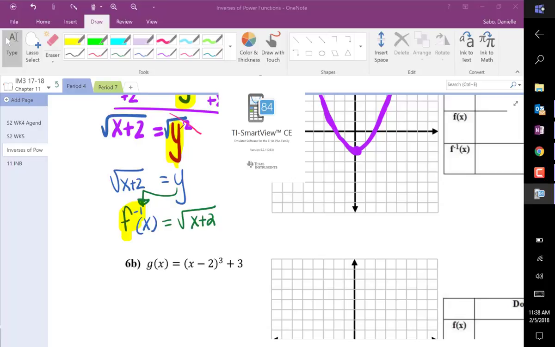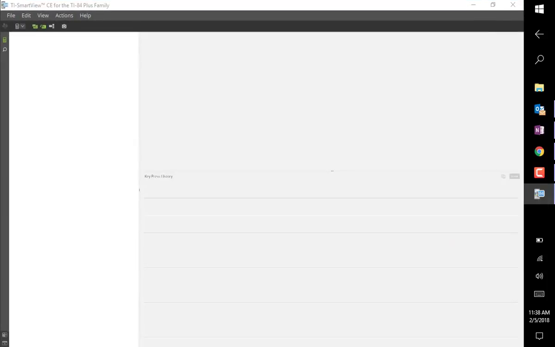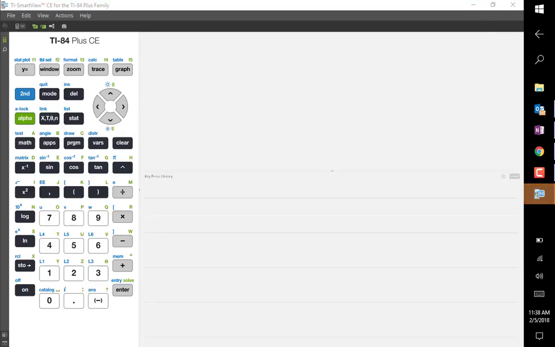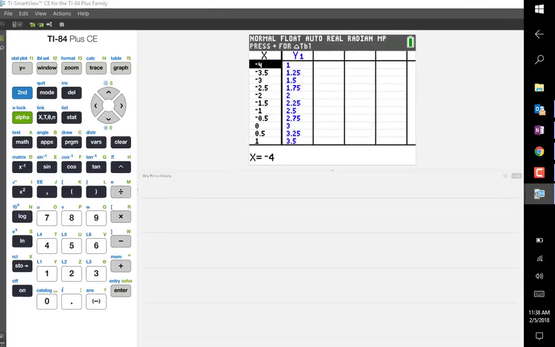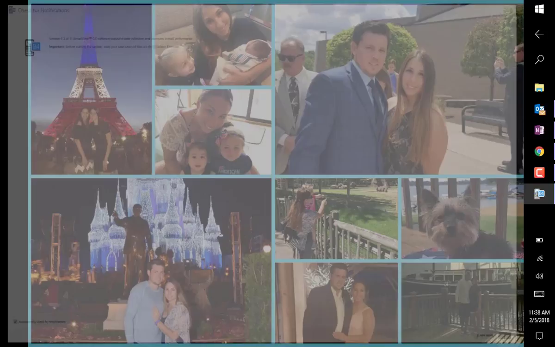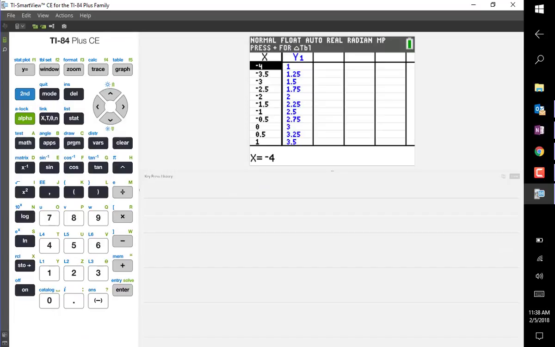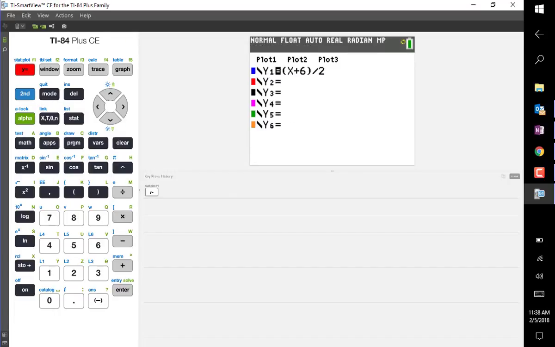In this situation, instead of thinking about what it looks like in your head, you might want to just plug it into your calculator here. Just give me a second. Should be loading. All right, here we go. Go to y equals and clear it out. Hold on. Y equals, clear.